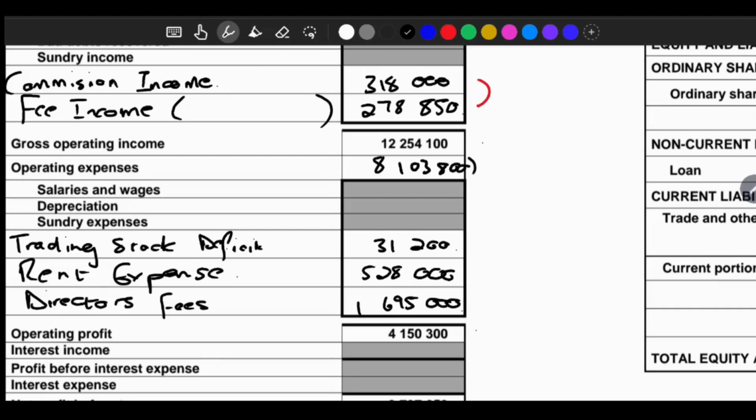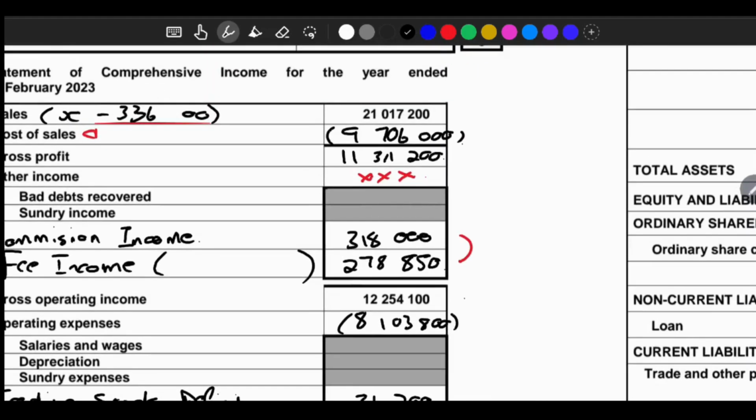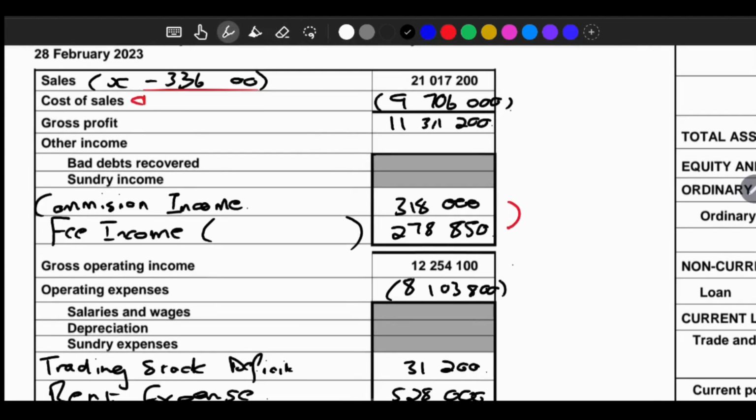And remember, in brackets to show that it's an expense. And then, as I was saying, that we work backwards. So other income would then be your gross profit plus your other income, and it will give you your gross operating income. So to go back to other income, you would say that your gross profit minus your gross operating income. The other way around actually.